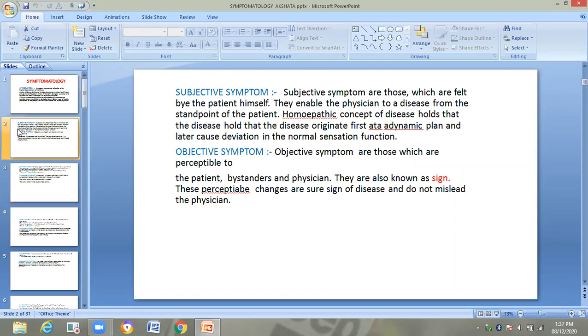They are given the highest rank while evaluating the case.